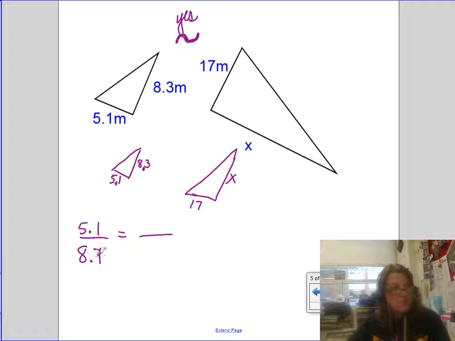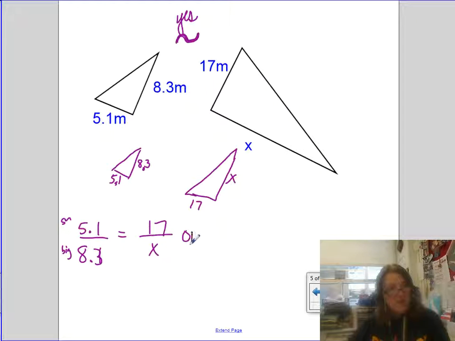Then in the other triangle, it's also small side to big side, which means I'm matching up 17 to x.